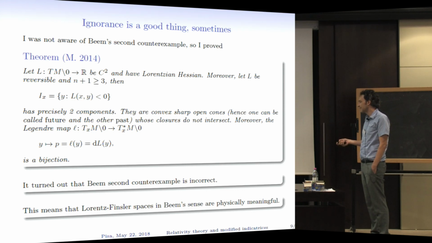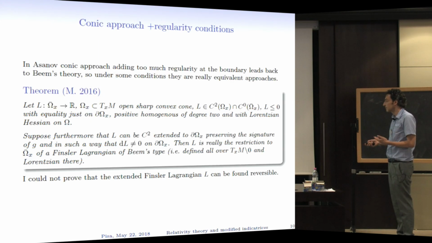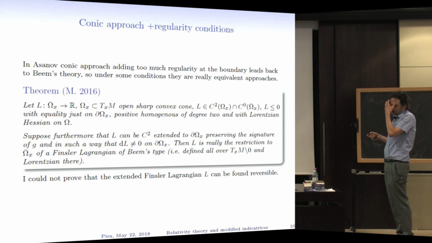So spacetimes in the Lorentz-Finsler, in the Bernard sense, are physically meaningful. It's acceptable, as is Asanov's. Now you can ask, okay, let me consider the conic approach by Asanov, with regularity at the boundary. What happens? Well, it happens that you go back to the Bernard theory. So take a Lagrangian which is over an open sharp cone.